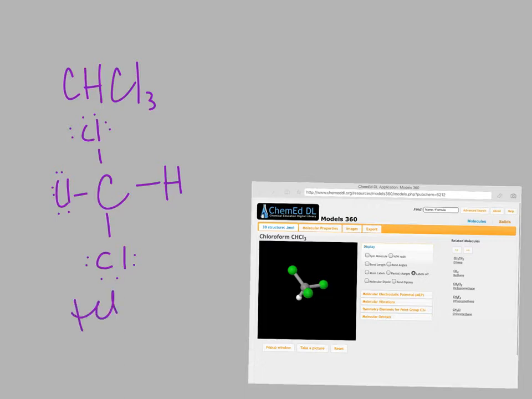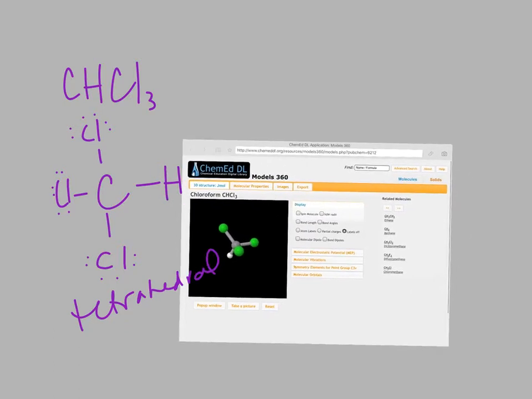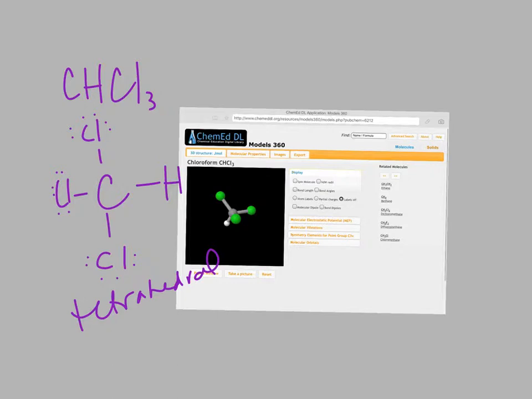This is also going to be tetrahedral, but instead of comparing it back to the CF4 one, this has hydrogen on one end, right here, and so I wanted to show you what happens when they're not all the same.